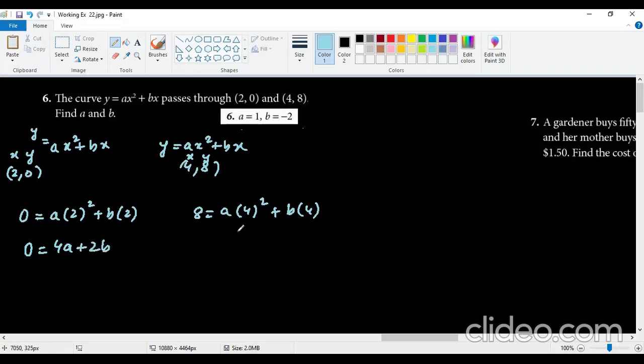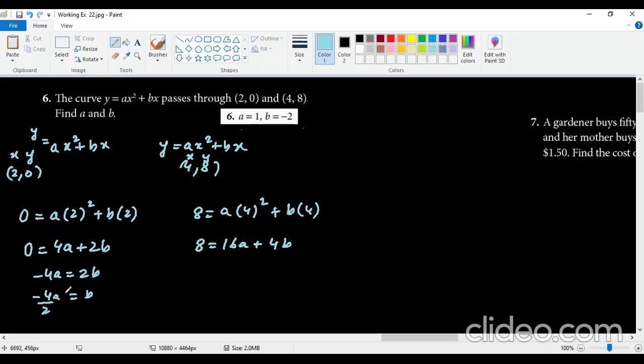And in here it says 8 equals 16a plus 4b. Now in here it says minus 4a equals 2b. That means b equals minus 4a over 2.